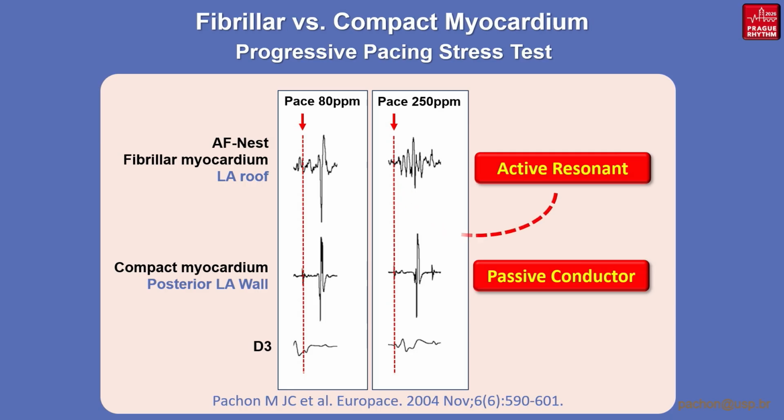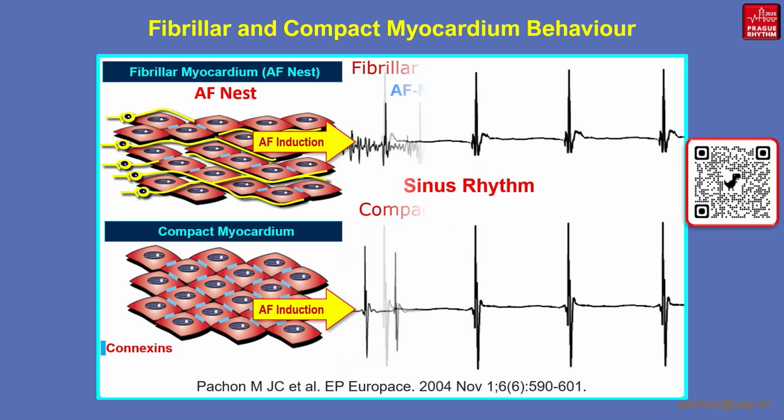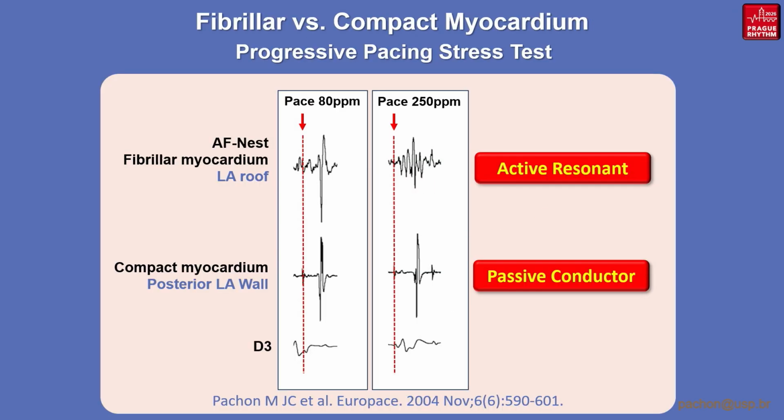Comparing these two myocardia is very interesting, because the atrial fibrillation nest presents disorganization during progressive atrial pacing, and it doesn't occur with the compact myocardium.